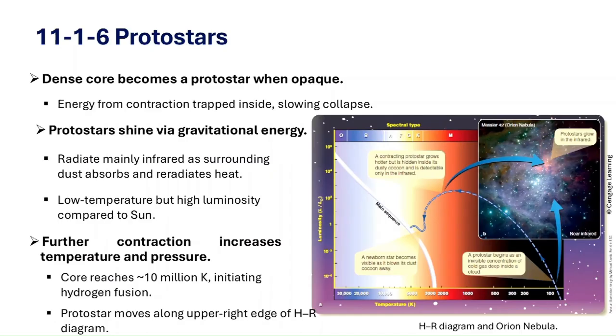And panel B shows real protostars in the Orion Nebula glowing in infrared light, hidden in visible light but shining clearly once we look with the right instruments. So at this stage, we finally have a newborn star. Fusion is starting, but it's still shedding the last of its dusty cocoon.